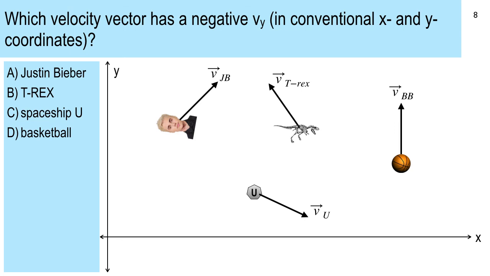Most of you voted for the correct answer, which is Spaceship U. But a few of you voted for T-Rex. T-Rex does have a negative component, but it's not Vy. It's Vx. All right? So be careful as always, on my homework, on my exams, and my clicker questions, read carefully. You cannot go without it.